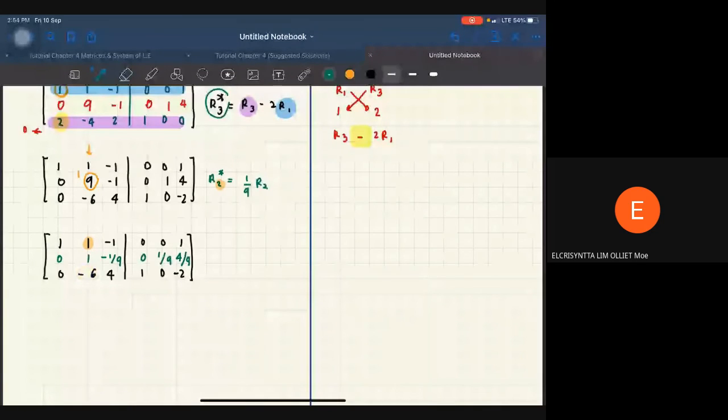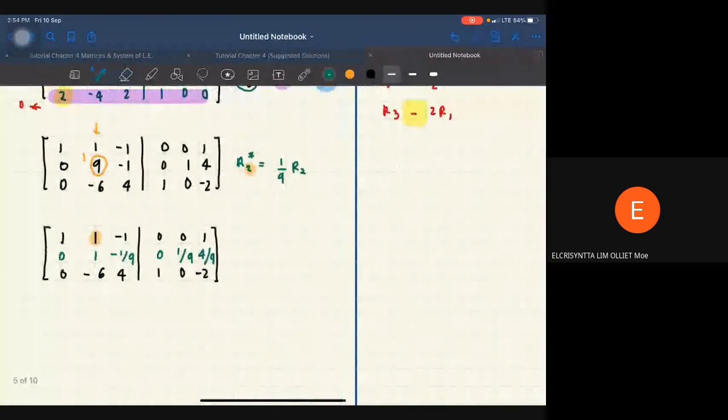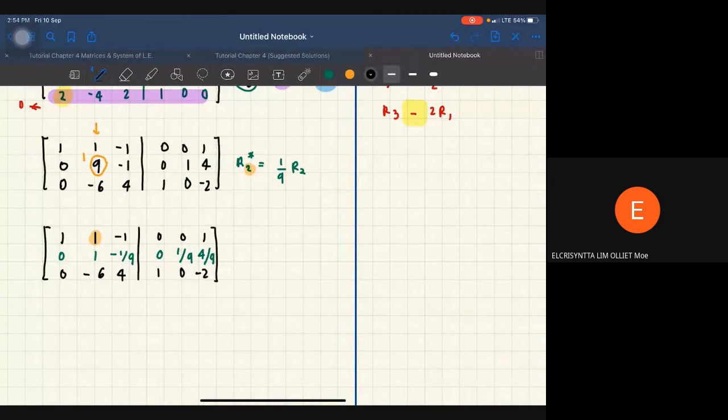So row yang ada leading diagonal sekarang adalah row yang kedua, which is this one whole row over here. Okay, and then kebetulan nombor dekat sini 1. So kita boleh tolak sahaja. Okay, so maksudnya kita hanya perlu tolakkan row 1 dengan row 2 untuk dapat new row 1. Boleh faham ke yang tu?